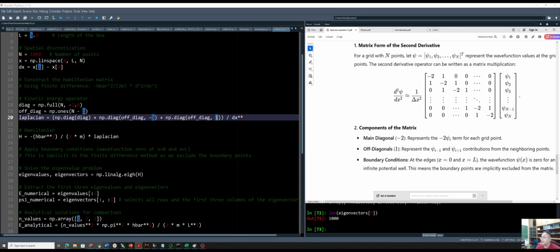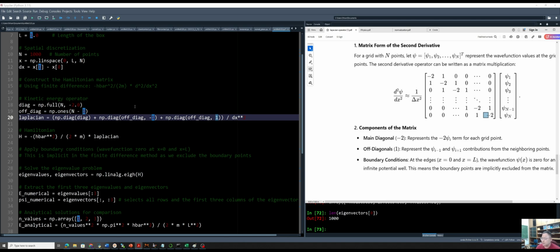This is the -2 diagonal created with np.diag. And here the off diagonal is all filled with 1, and you get an n minus 1 1D array.